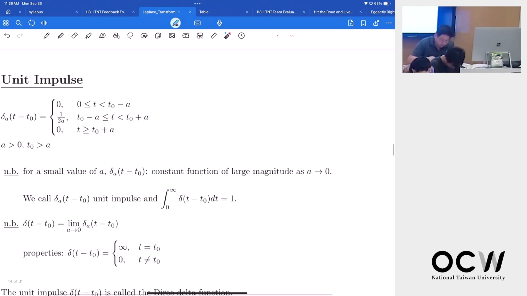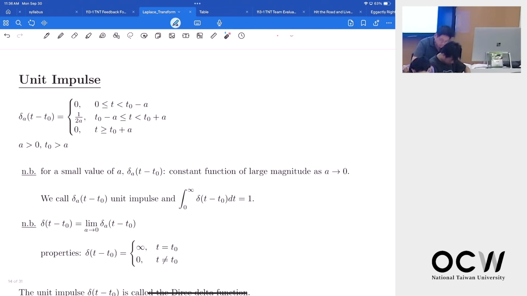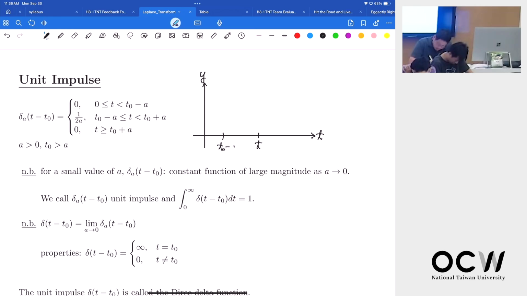If I plot this function, here's t, and we have t naught minus a and t naught plus a.